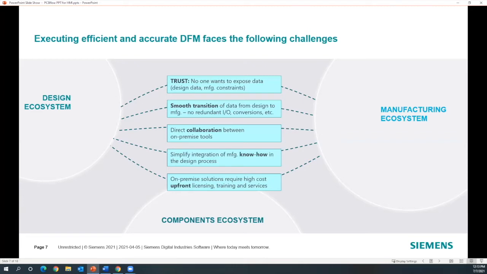So we have to bring data from the components ecosystem in order to get a very accurate digital twin of the manufacturing product and be able to do this type of simulation. And that's another thing which is really a challenge today. If you have a top-notch process with librarians, and every component that you add to the library gets a 3D model, fine.